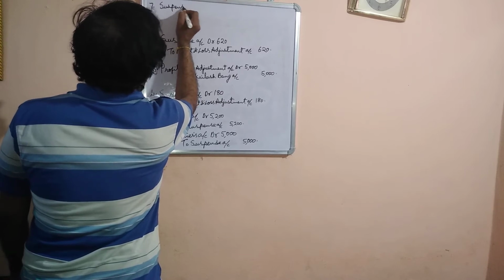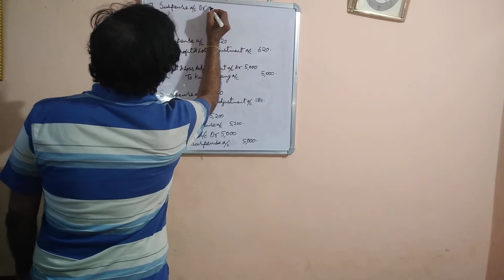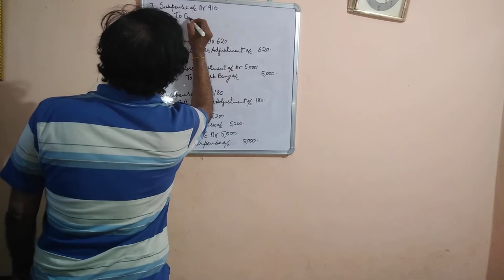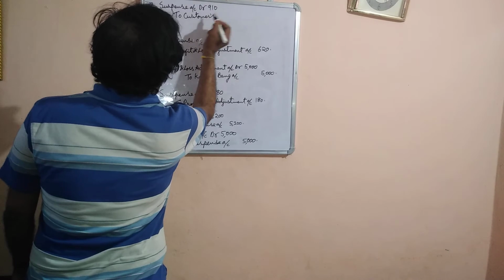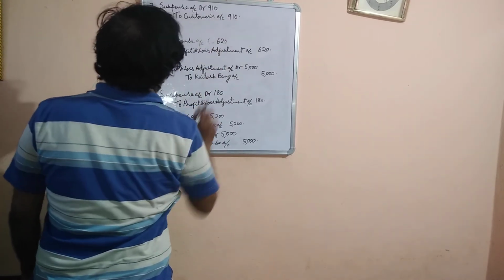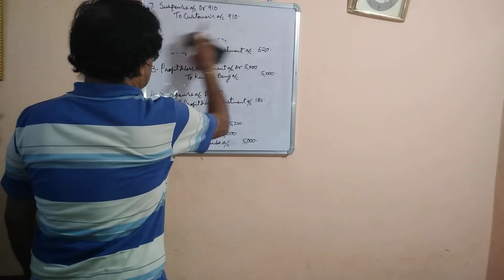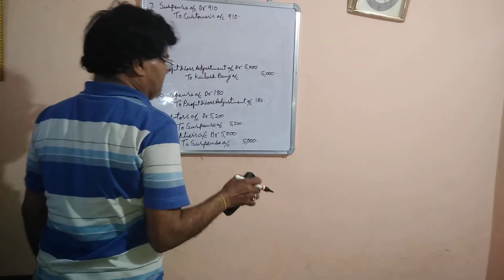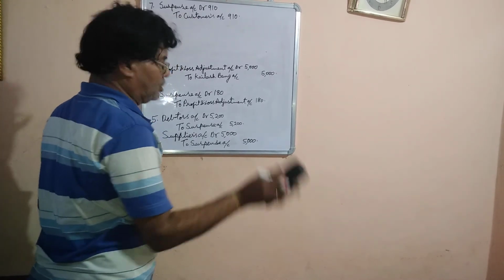Now after this, you have to show the suspense account as well as profit and loss account. Whatever difference we come across, we have to transfer to capital account. Mind it.